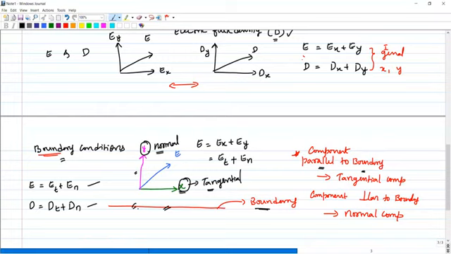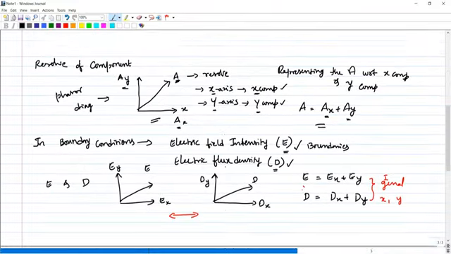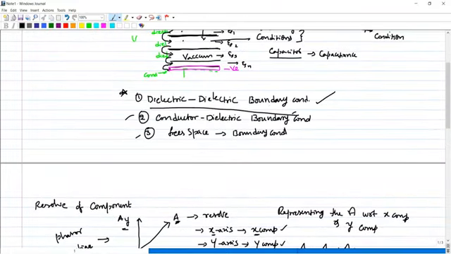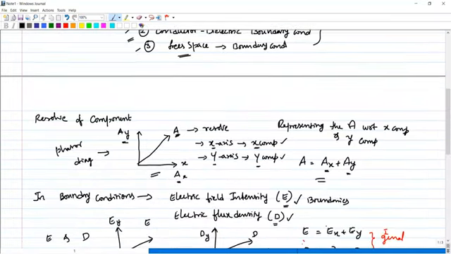This is all the basic foundation for obtaining the boundary conditions for any type of condition, that is for dielectric, conductor, as well as free space. So in order to get the conditions for any of these three, we definitely have to understand all these concepts.